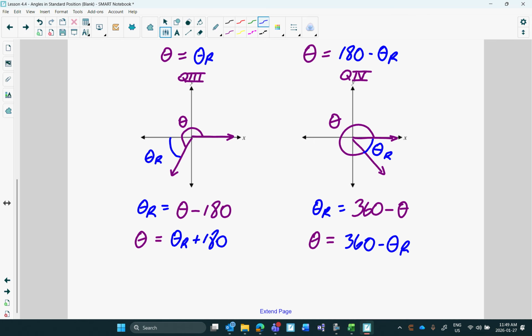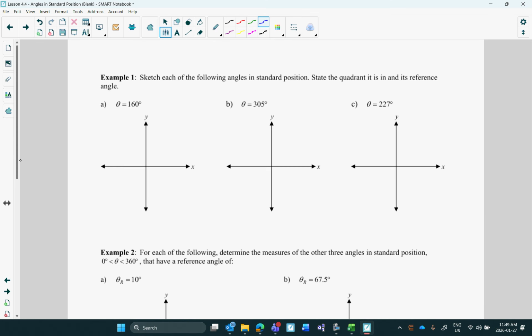Okay, so let's do some examples. For these first three, you're asked to sketch the angle, and then find its reference angle. Remember, my initial arm is going to be like this. Where would I draw my terminal arm so that I've sketched about 160 degrees?